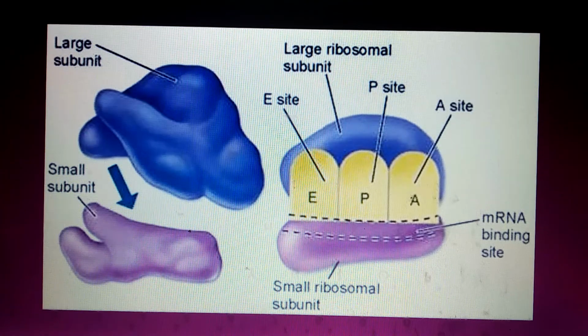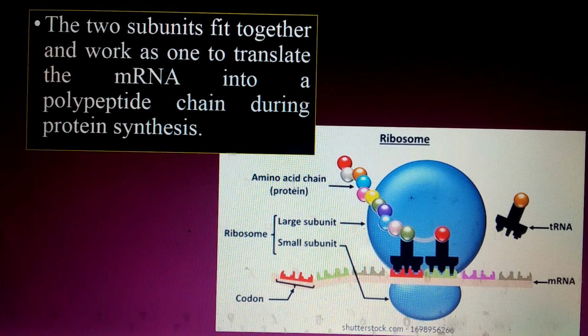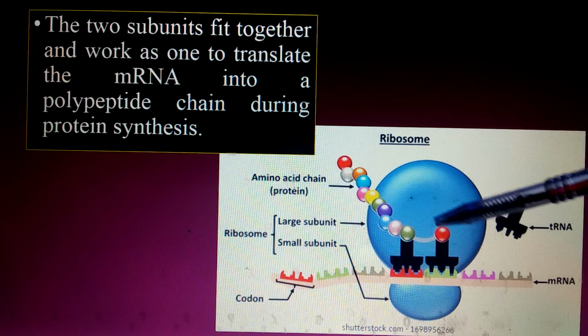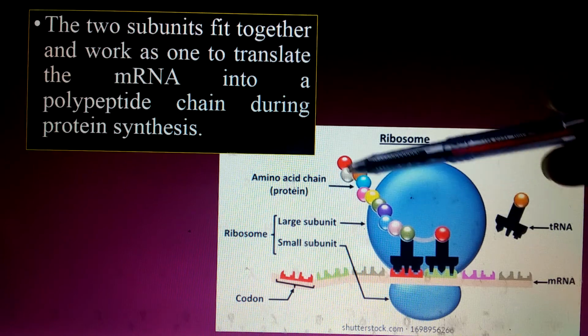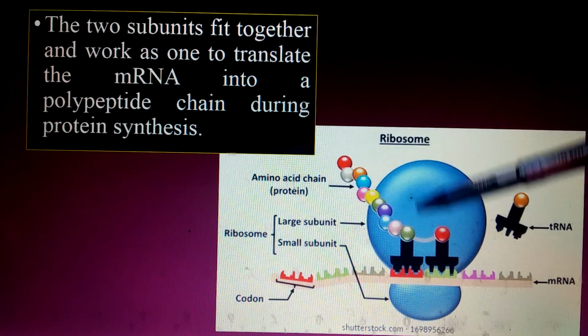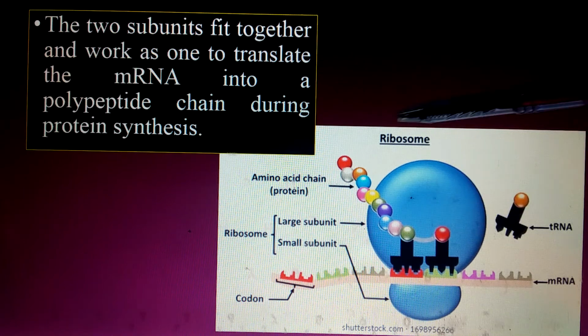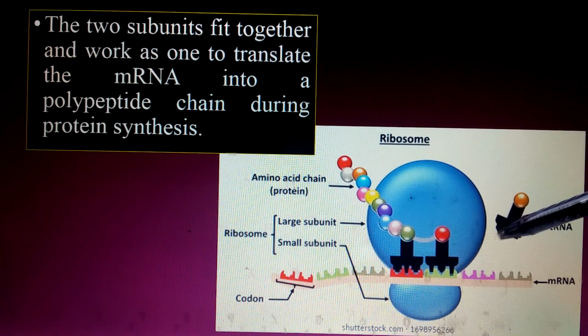Is it clear? Okay. Now, the two subunits fit together and work as one to translate the messenger RNA into a polypeptide chain during protein synthesis. You can see here a very clear figure. This is the transfer RNA. That transfer RNA brings the amino acids to the A site, and at the P site you can see the polypeptide chain form, which is the protein, and from the E site this transfer RNA will exit.